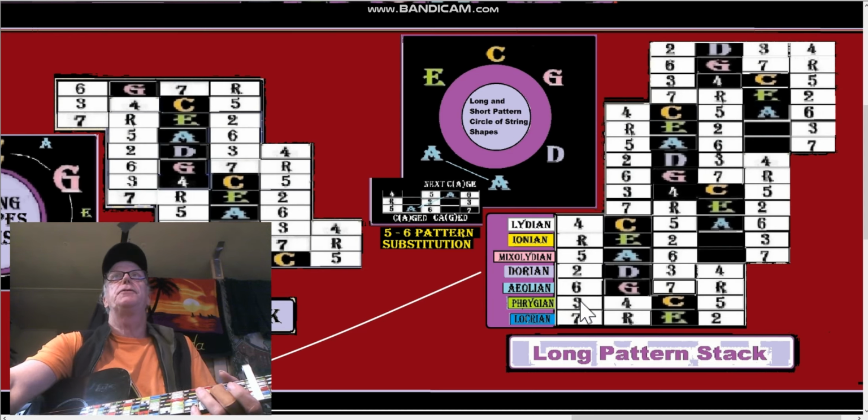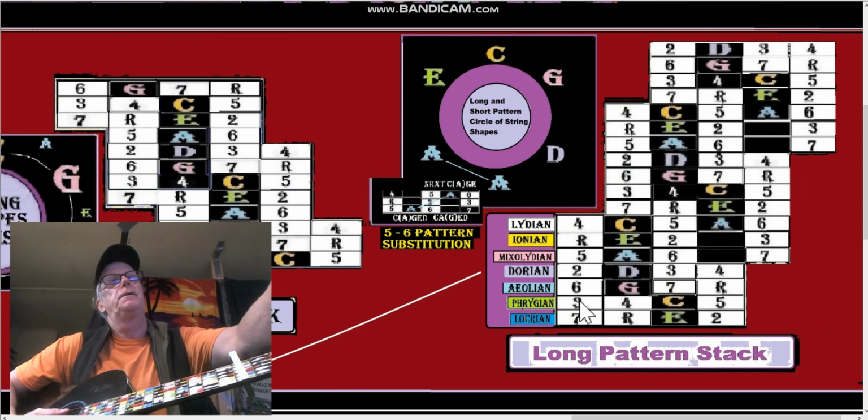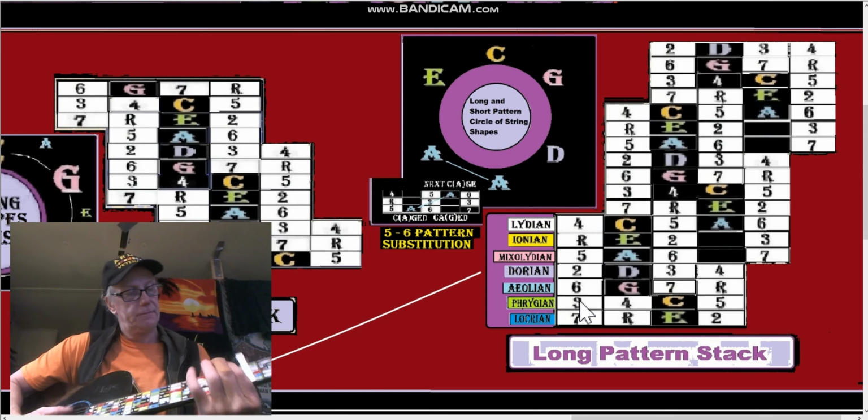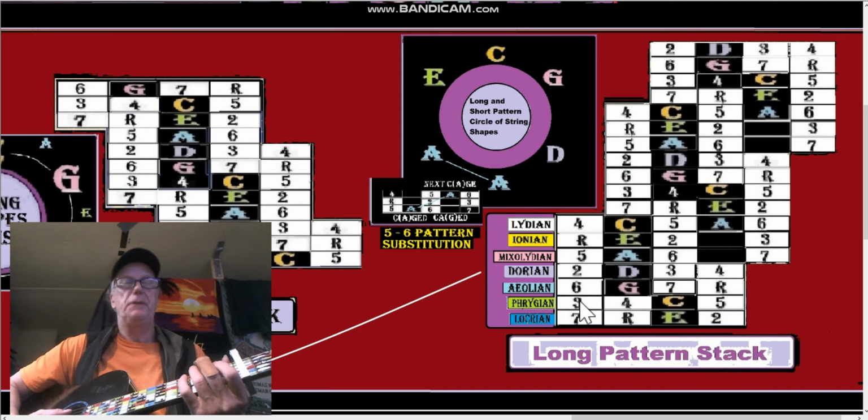If we consider the low E the 3rd, we'll be playing a Phrygian 3rd. I messed up that Phrygian 3rd. Isn't that ridiculous?